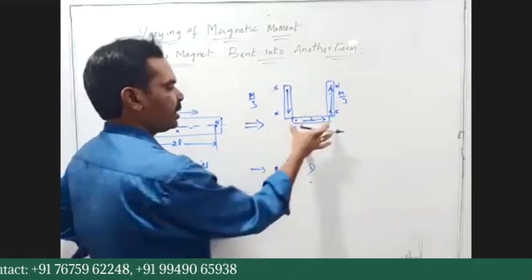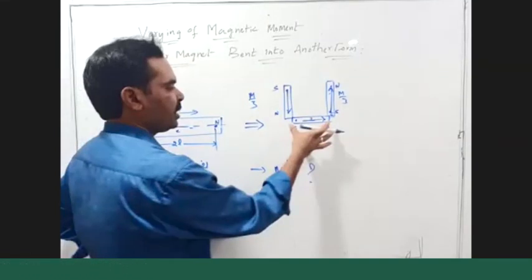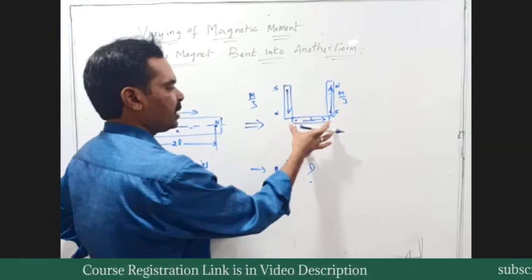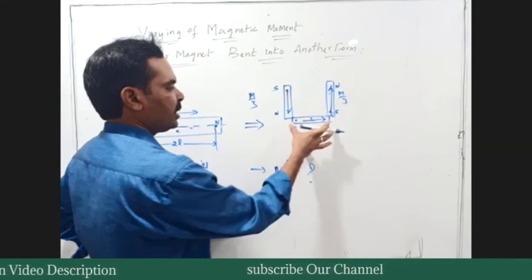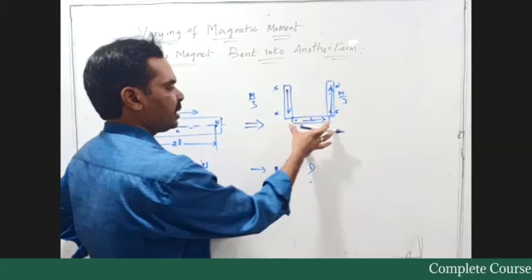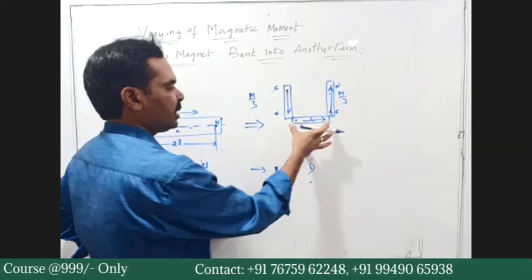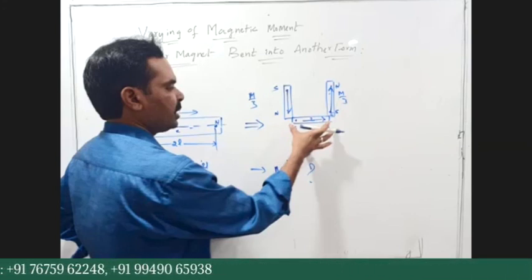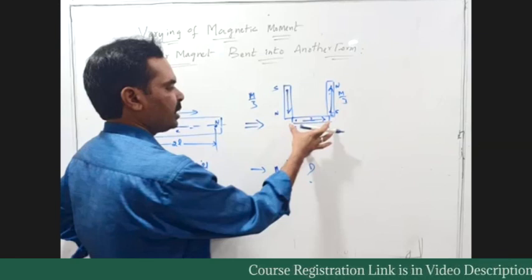The magnetic moment M bar is a vector quantity. This vector and this vector cancel, so only the resultant from south to north remains. That is the resultant magnetic moment, equal to this one. Therefore M dash is equal to M by 3.